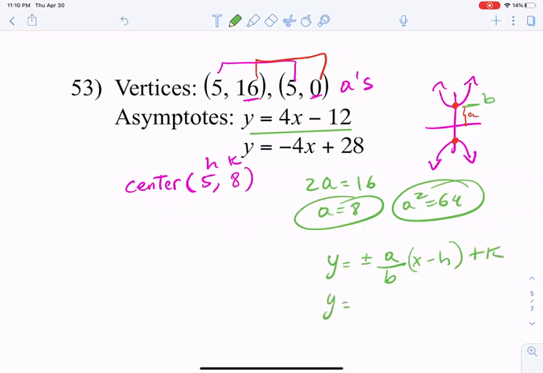So this should be your A value. Why is there a contradiction here? Let's see what I did. So that's 5.